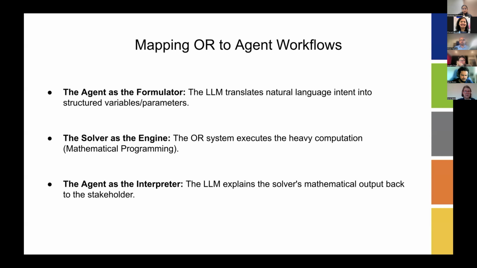First, an AI agent takes the input from the user, translates it into a mathematical formulation, gets the mathematically correct output from the solver engine, and then takes that output and goes back to the end user with a proper explanation of the solver's mathematical output for the stakeholder.